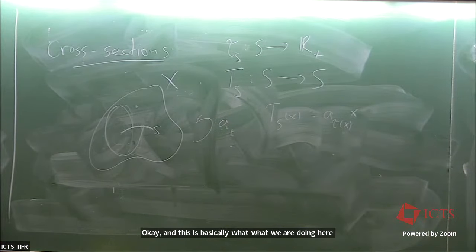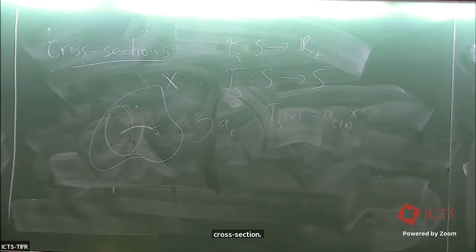Behind the scene, you see that there is some cross section here, right? I'm waiting until something hits something. I'm waiting until I see a primitive vector on that disk.